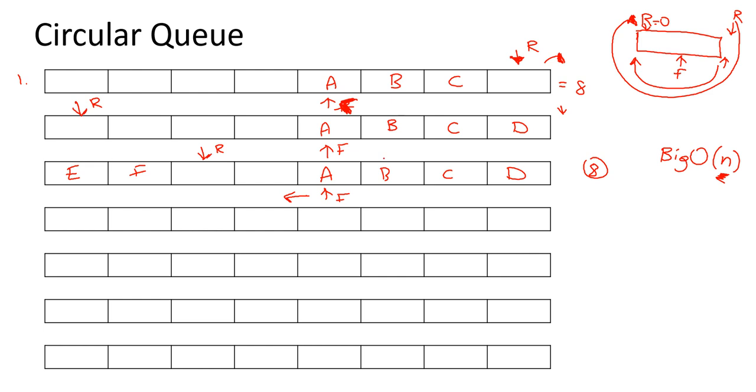Now, with our circular queue implementation, if we remove from the queue, so we take A off the queue and then we just move the front pointer up by 1, we've not had to move all of the existing data items up. All we've had to do is copy what the front pointer was pointing to and move the front pointer up by 1.